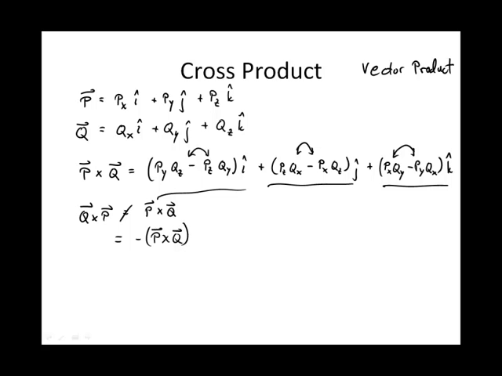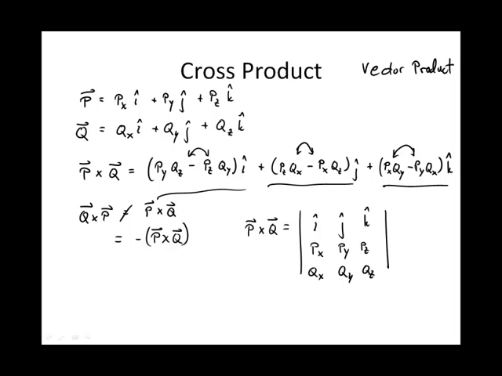Now, if you know anything about determinants, we can evaluate this using the determinant. So p cross q is equal to i, j, k, p sub x, p sub y, p sub z, q sub x, q sub y, q sub z. And that's all in the determinant.